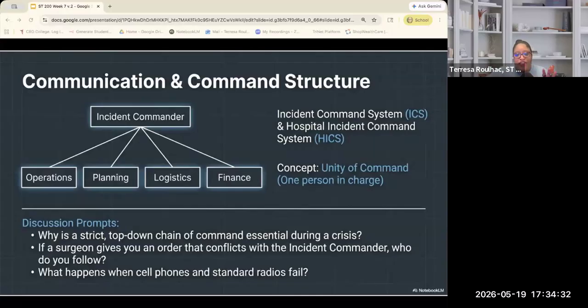And disaster response is not where everyone's trying to be that hero, right? It is where everyone is looking at coordination. It's discipline. It's understanding that command structure. This is what keeps us from stepping out of our lane, so to speak.